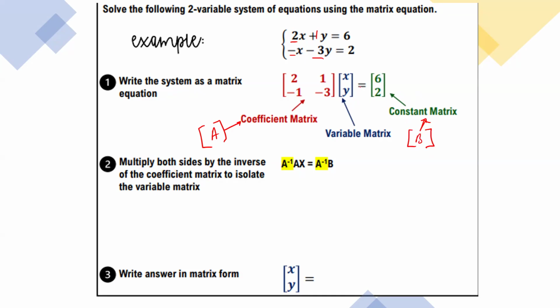I'm going to put matrix A and matrix B into the calculator, and then I need to get X by itself. X is always my variable matrix, so to get it by itself, I have to multiply by the inverse of A. Inverse operation. You see that?